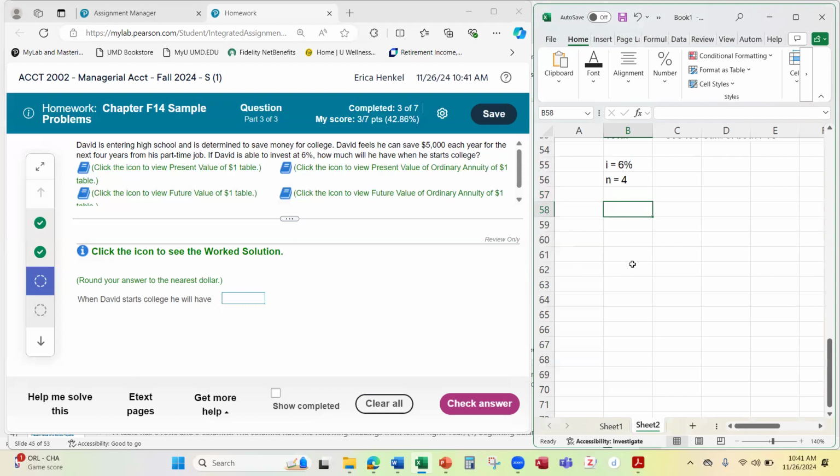So what type of problem are we solving here? What are we going to solve for? Future value, yeah. And what is it going to be, a future value of a single amount or an ordinary annuity?